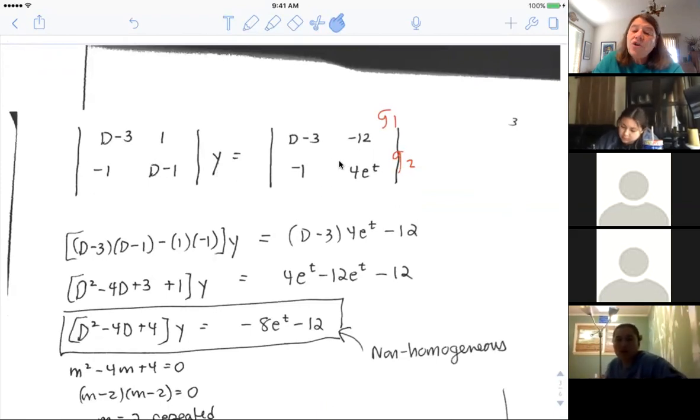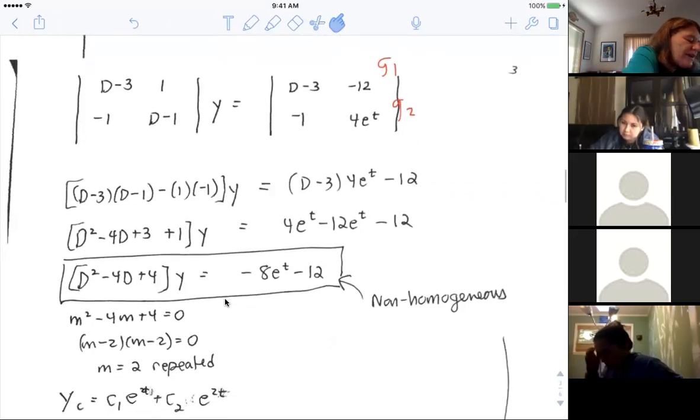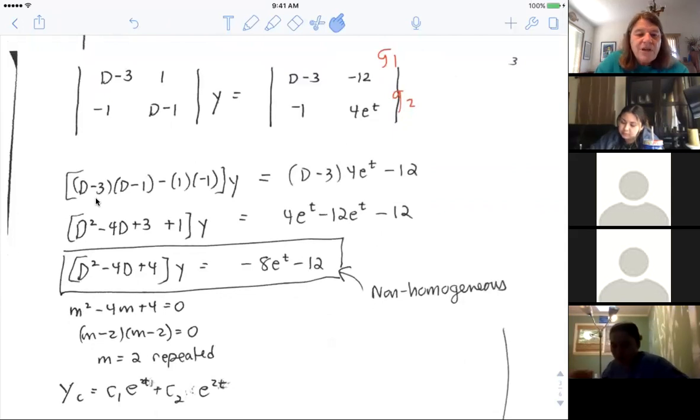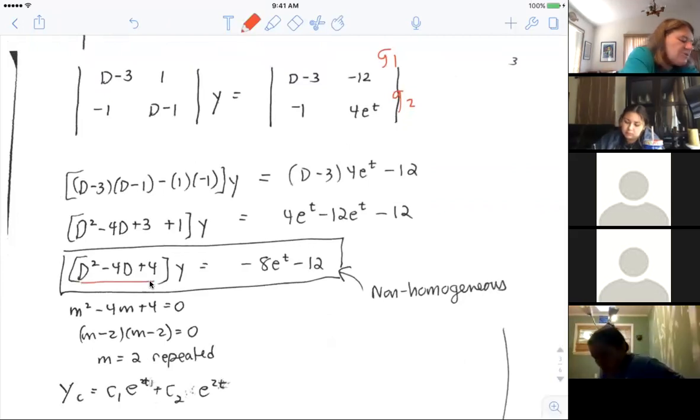If you look at the determinant here, you'll have D minus 3 and 4e to the t, and minus 12 right there. So minus a minus is going to be plus, so it'll be minus 12. Do what I always do when I get to this point. This is just a quick way to get to where you would take it off from the other point. Multiply all this out, and you essentially get your characteristic equation there. It's m squared minus 4m plus 4, which means the roots are repeated roots of 2.